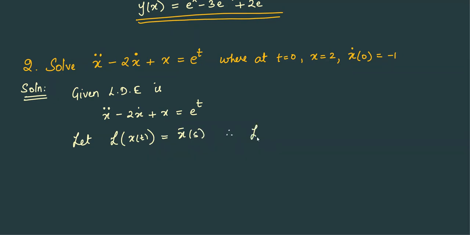Therefore, the Laplace inverse of x bar of s is x of t. We want to find the function x in terms of t. So instead of y, we have x now. x is the dependent variable, t is the independent variable.